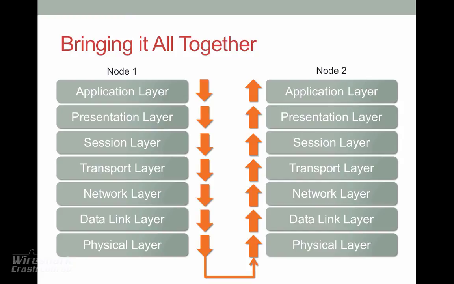For example, source and destination IP addresses are added at layer 3, and source and destination MAC addresses are added at layer 2. When that data gets to layer 1, it is transmitted across the wire as ones and zeros. When the data reaches node 2, each layer strips the encapsulated data from node 1 and passes the information up the OSI model until the payload reaches the application layer.